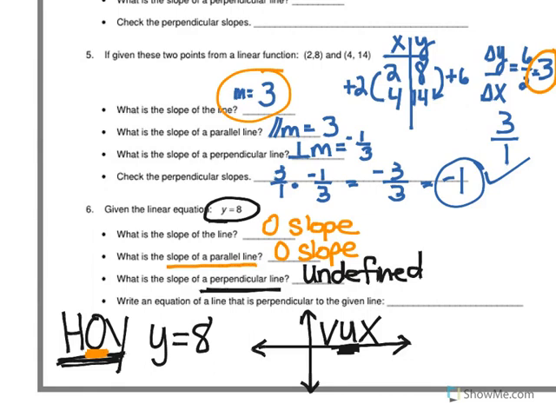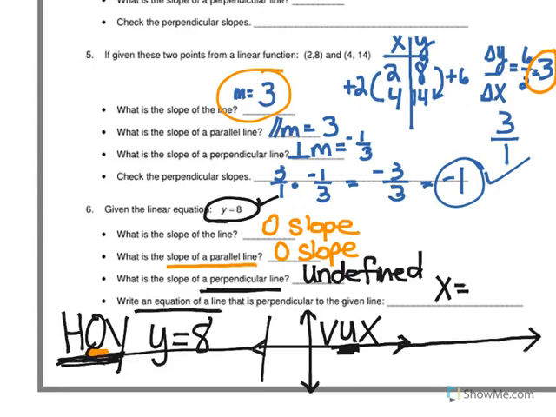Undefined. And it says, write an equation of a line that's perpendicular to the line that was given. Now remember, the given line was a Hoy line, y equals 8. So the equation of our Vox line is going to be x equals something. And that y equals 8 line is going to go to infinity.